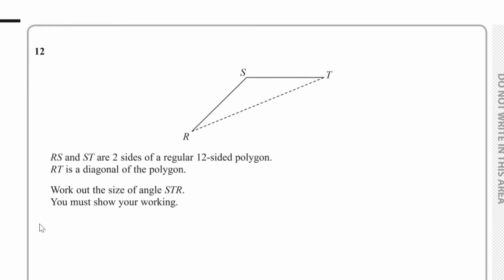Well, because over here RS equals ST, we can therefore conclude that the triangle RST is isosceles. So we've got an isosceles triangle, so that means that this side is equal to this side, and this angle here is equal to this angle here.